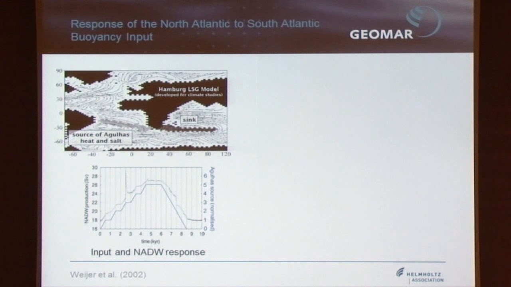By doing that in some long-term runs, on kiloyear timescales, 10,000 years, he gradually increased the Agulhas leakage up to a certain value and decreased it again. The North Atlantic deepwater production, one of the main driving forces for the Atlantic MOC, further north, more or less linearly followed the Agulhas leakage on that timescale.